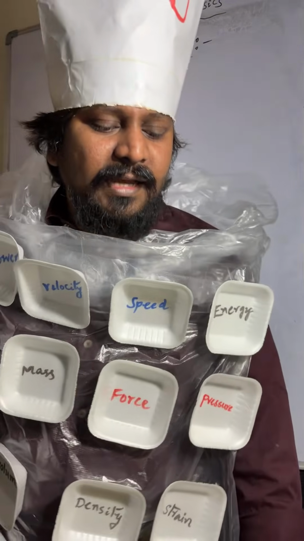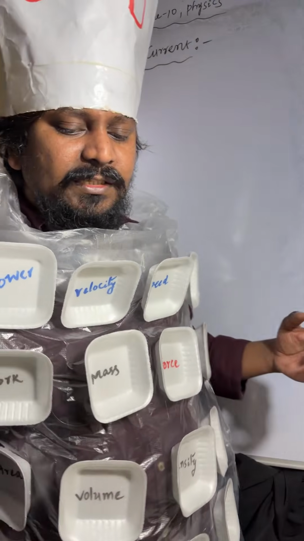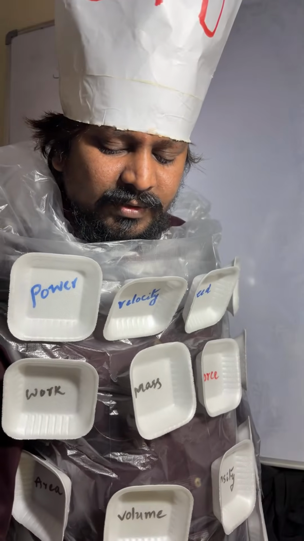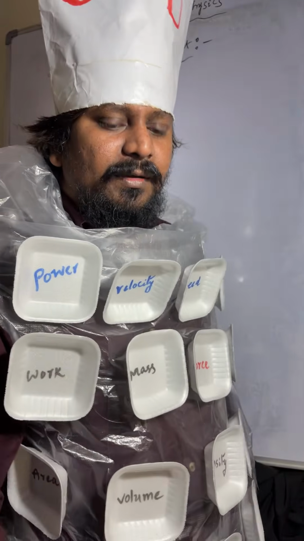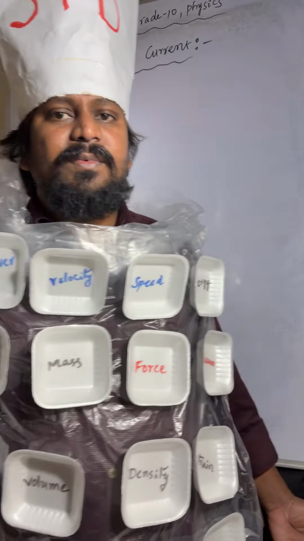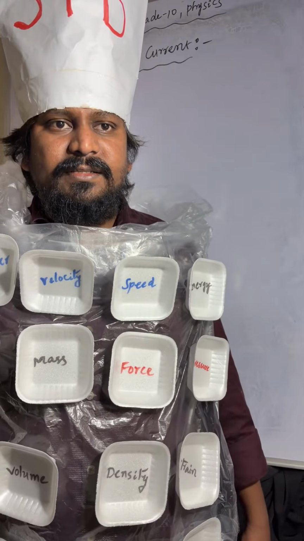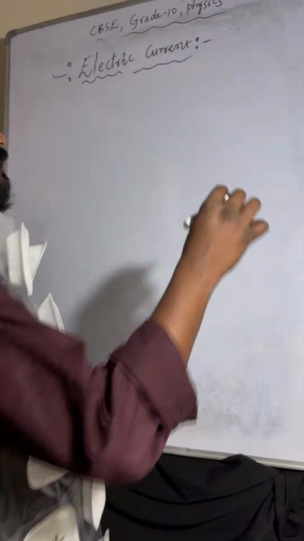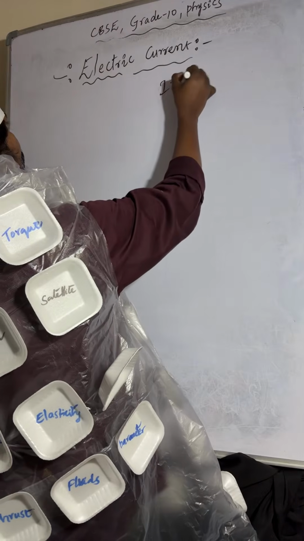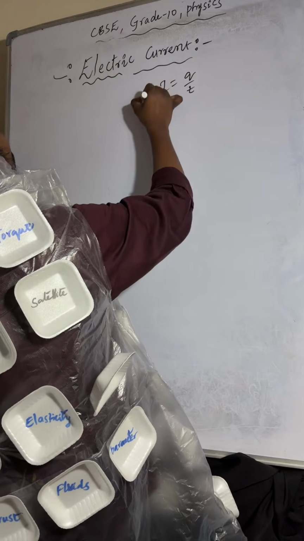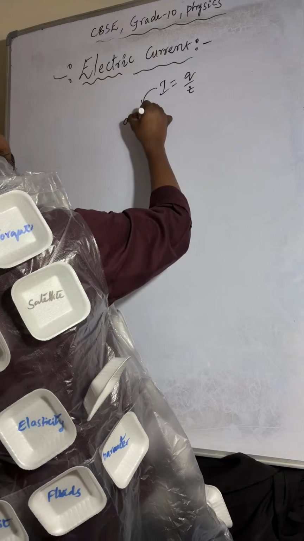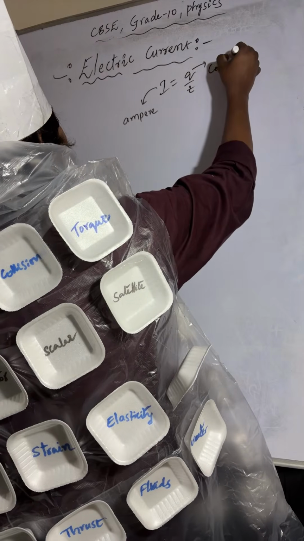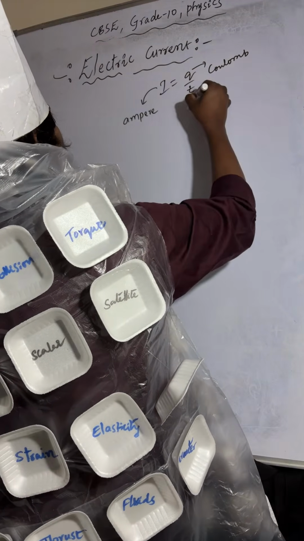Now we are going to discuss electric current, CBSE Grade 10 Physics. I equal to Q by T. The SI unit of current is ampere, the SI unit of charge is coulomb, and the SI unit of time is second.